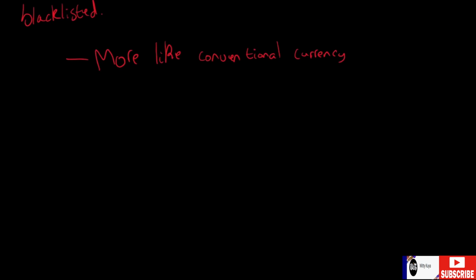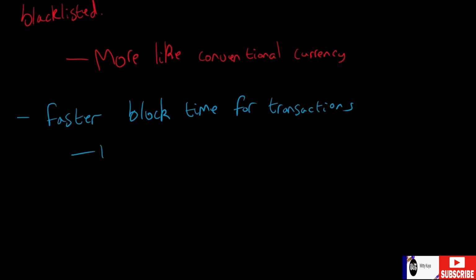So in terms of the processing of transactions, because this is a big debate around certain cryptocurrencies, it has a faster block time for transactions. It's 10 minutes for Bitcoin. And can you guess how much it is for Monero? It is 20. No, I'm joking. That will be slower.